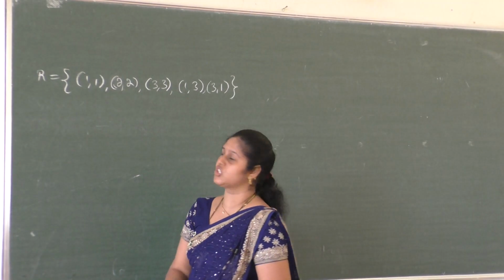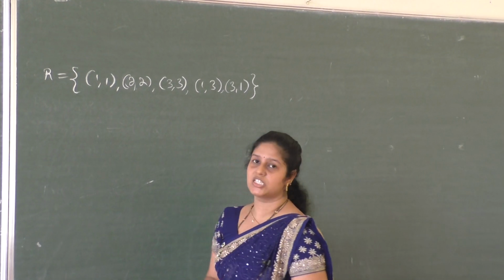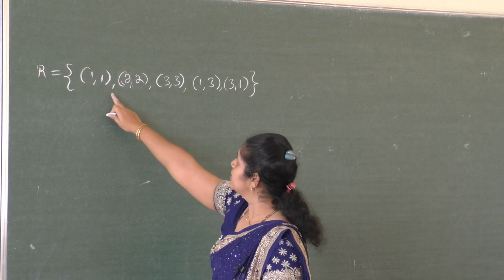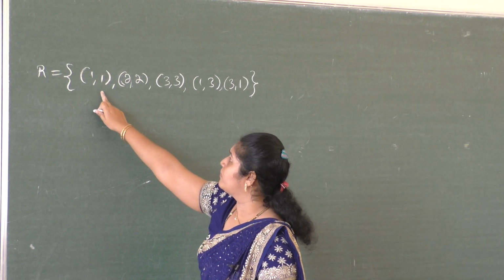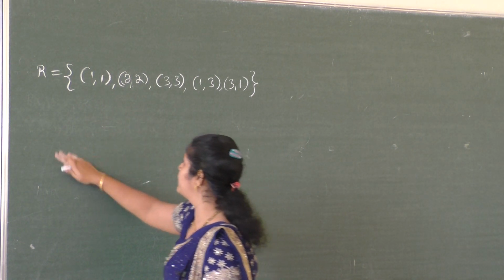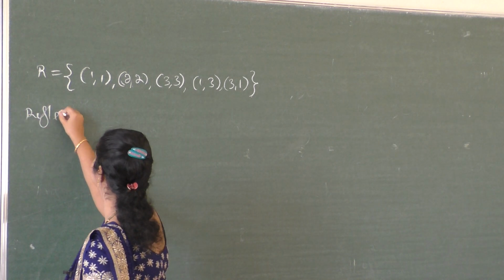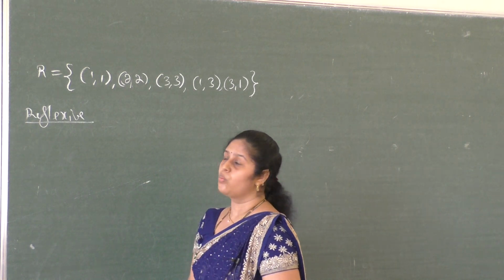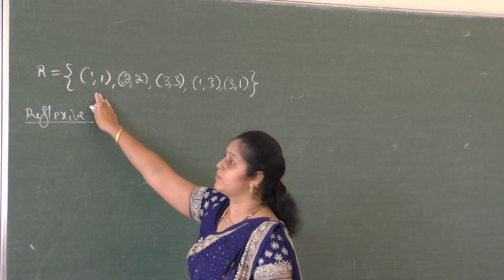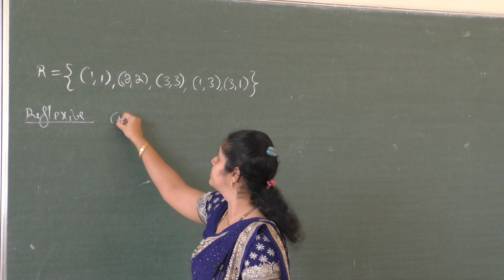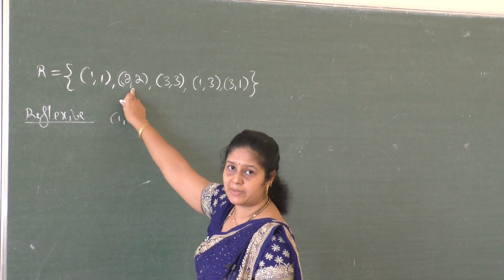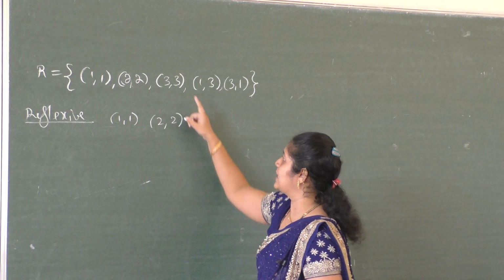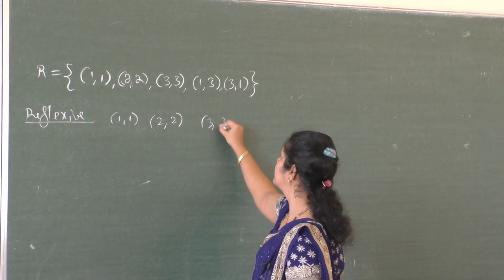Okay, what about this relation? Whether this relation is reflexive. Reflexive means you have to check: 1 is an element, then (1, 1) is there. 2 is an element, (2, 2) is there. 3 is an element, (3, 3) is there.